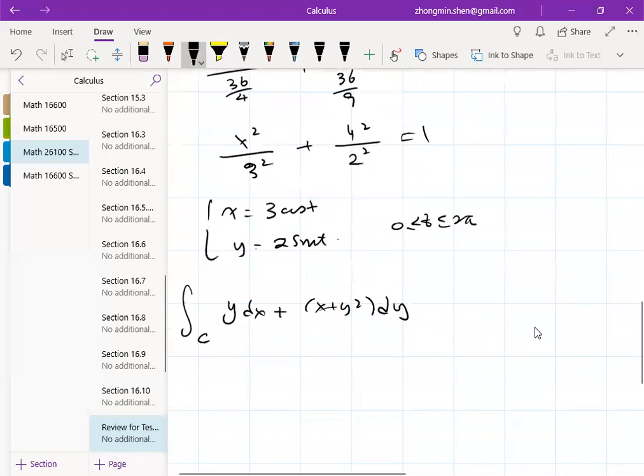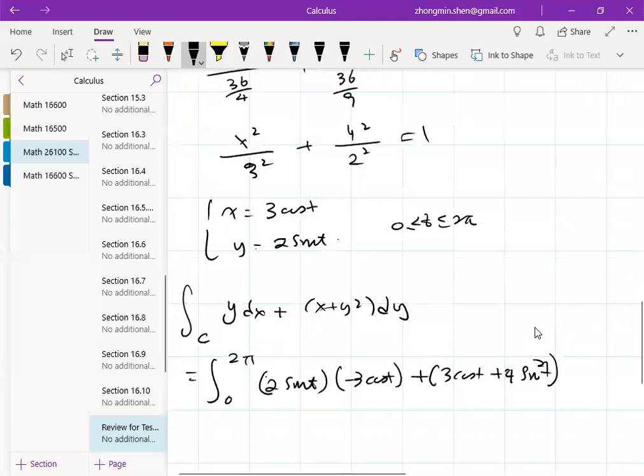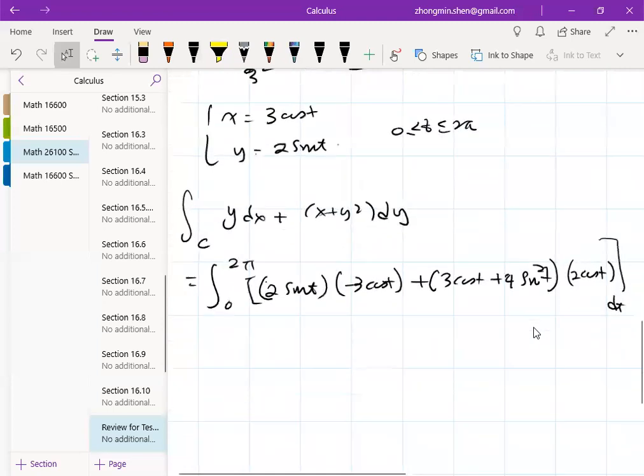This is going to be the integral from 0 to 2 pi. y is going to be 2 sine t, dx will be negative 3 sine t dt, and x is going to be 3 cosine t. y squared is 4 sine squared t, and dy is going to be 2 cosine t, and then dt, right?